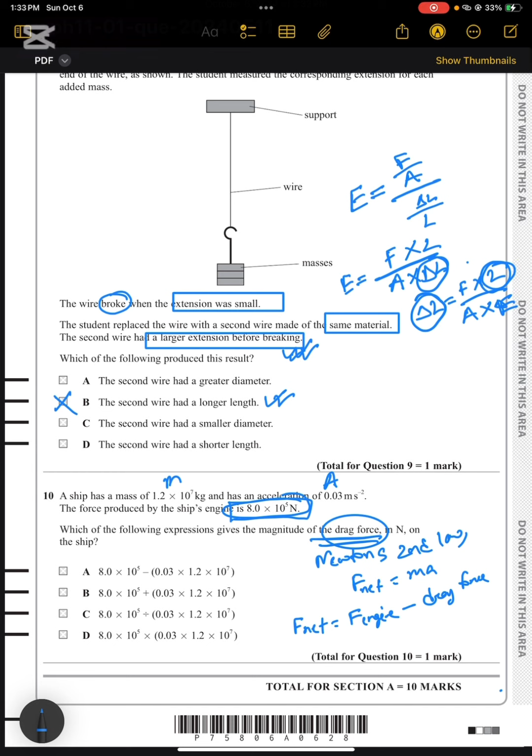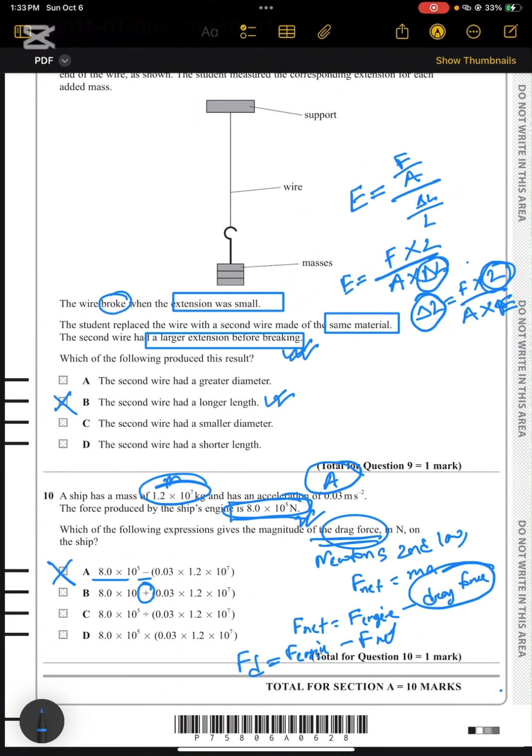Here we have been asked to find the drag force, so F_D will be F engine minus F net. Here our F engine is this, and this is our F net, mass into acceleration. So we can say it is F engine minus 0.03 into 1.2. So our answer will be A.